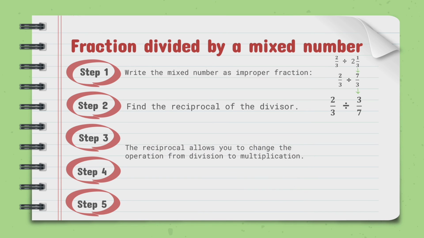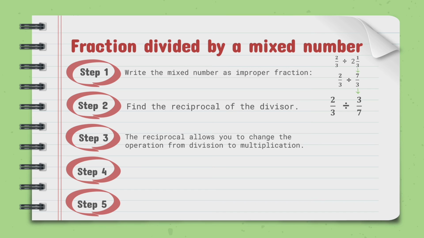Step 3, the reciprocal allows you to change the operation from division to multiplication. So 2 over 3 times, just change it to 3 over 7.